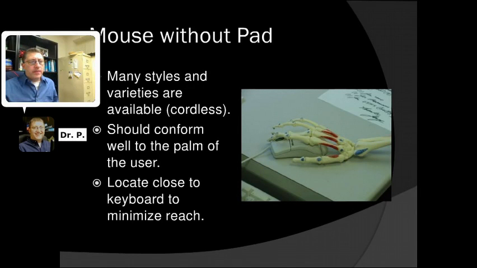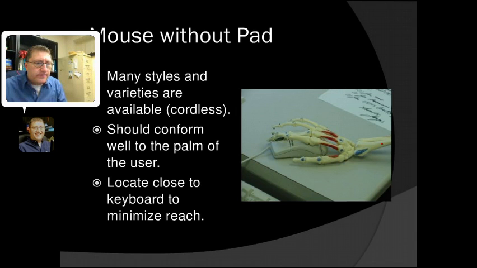Now let's think about mice, or the mousing system for your computer. You don't always actually have a mouse, at least by the traditional definition. Notice our skeleton Bob here is using this Microsoft mouse, which, at least when it was introduced, was considered an ergonomic design. It's contoured, it's a right-handed design, but notice what's happening to the wrist here.